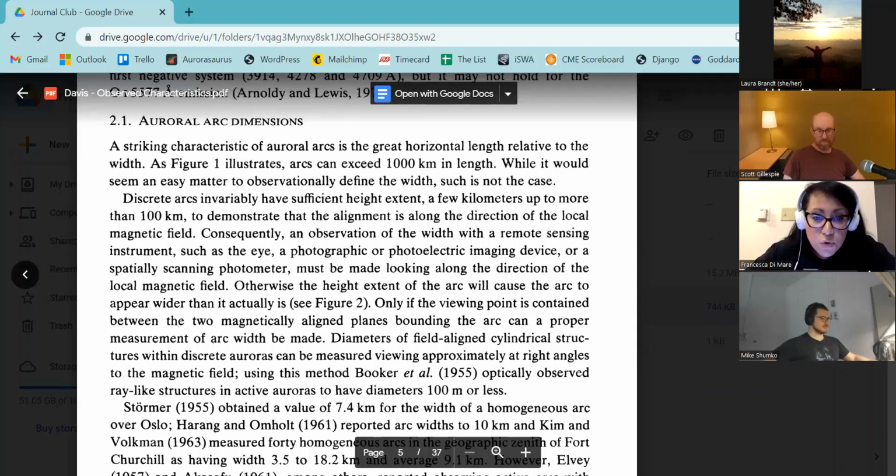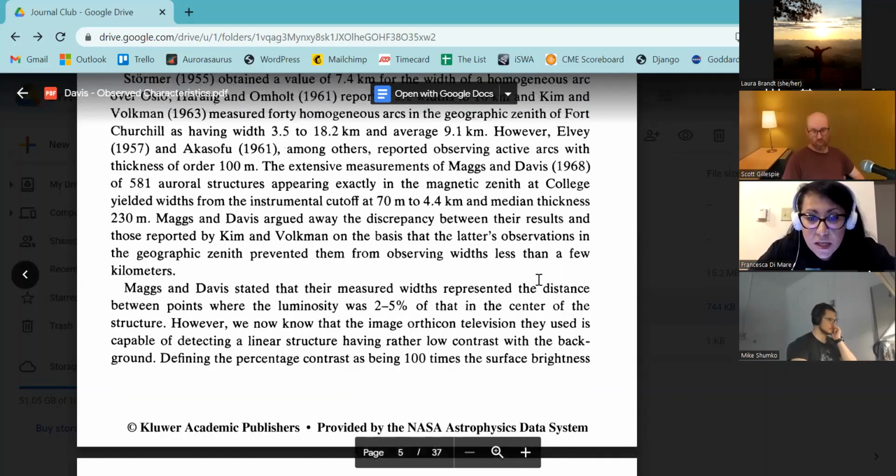Using this method, Booker et al., 1955, optically observed ray-like structures in active auroras to have diameters of 100 meters or less. Störmer, 1955, obtained a value of 7.4 kilometers for the width of a homogeneous arc over Oslo. Aarons and Olmon, 1961, reported arc widths to 10 kilometers, and Kim and Volkman, 1963, measured 40 kilometers for a homogeneous arc in the geographic zenith.